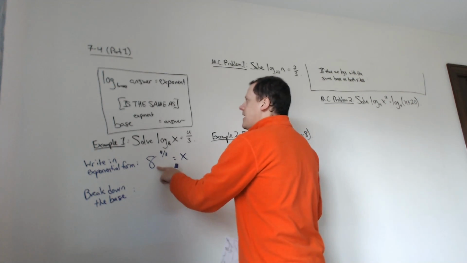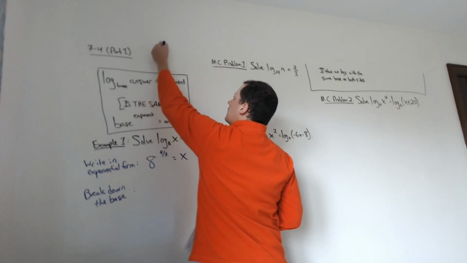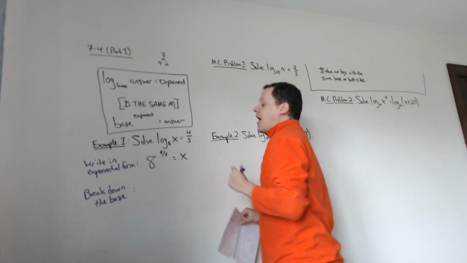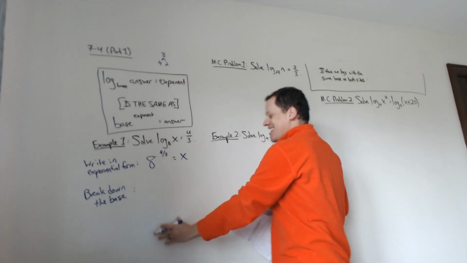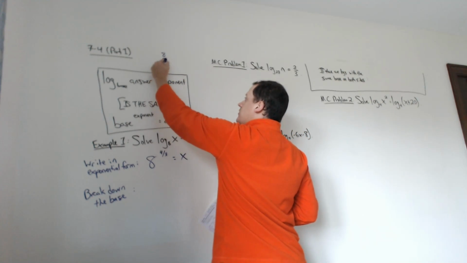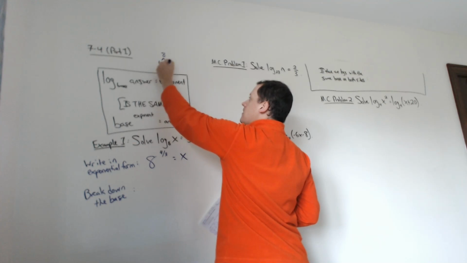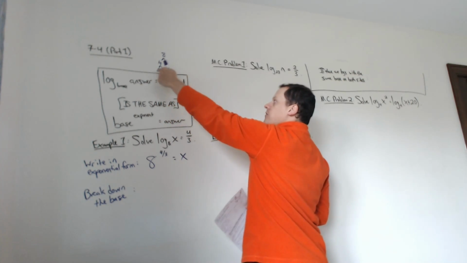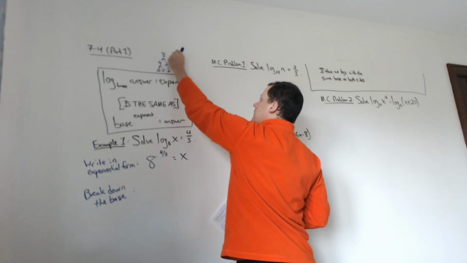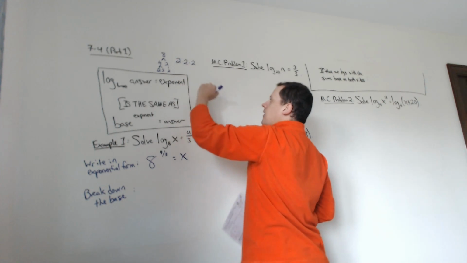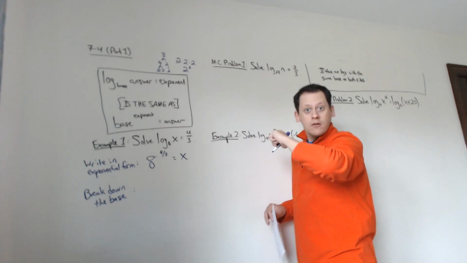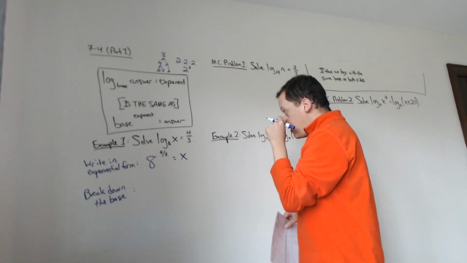So 8 breaks down into 4 and 2. The 4 breaks down into 2 and 2. We've got 2 here. So 8 is 2 times 2 times 2. We could write that as 2 to the third power. Okay.